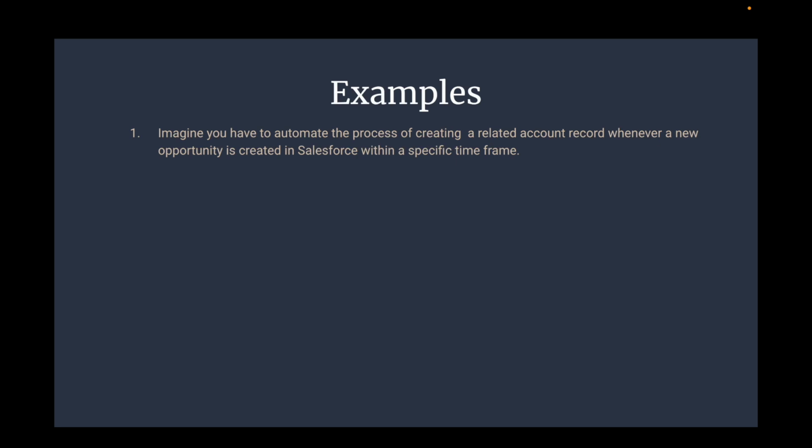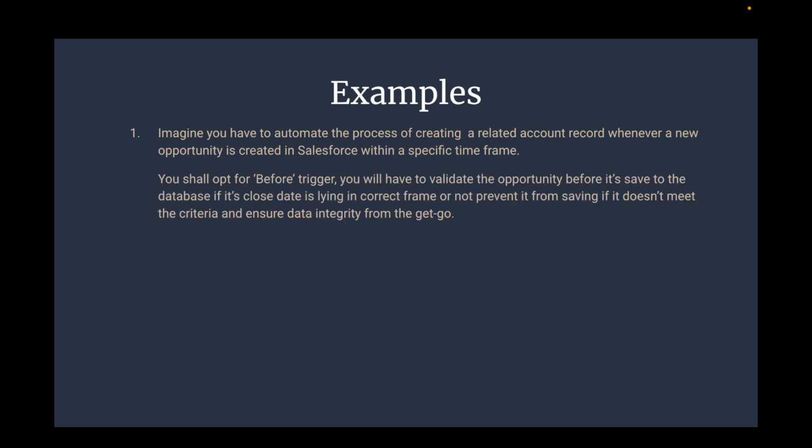So we have a scenario that whenever an opportunity is being created, we need to check one field on that opportunity, that it is being created in that specific time frame only, then we want to create its related account record. Otherwise, we don't. So according to you, what event should you use? You can pause the video here and work on it, or maybe think over what event you need to use. And then we'll resume.